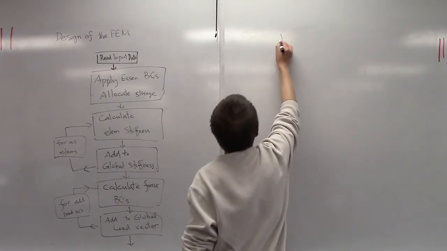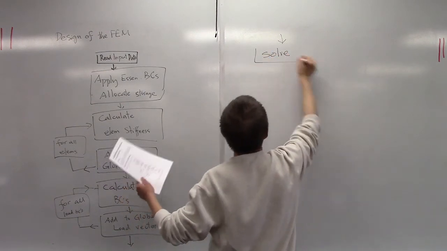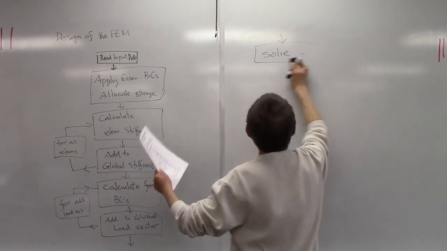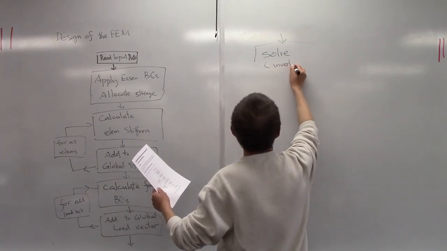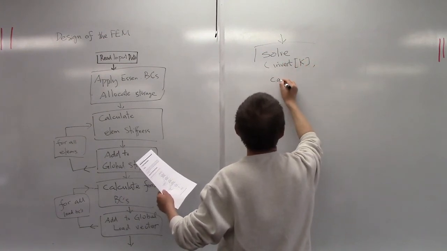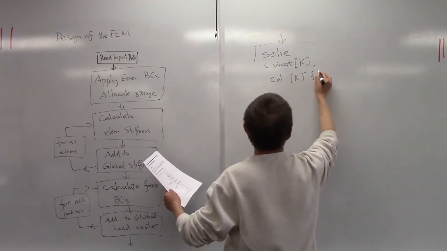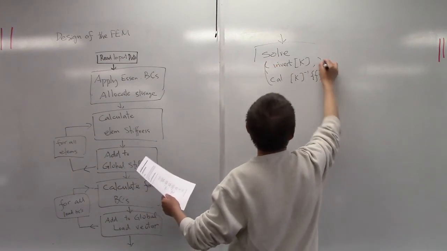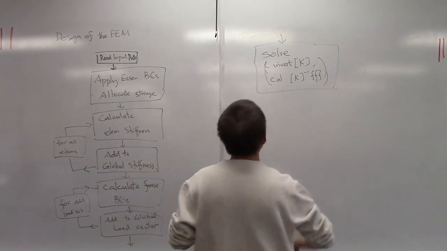All right, now you will solve the equation that involves, let me put in detail, invert K, and then calculate K inverse times F. That's the solution process. Okay.